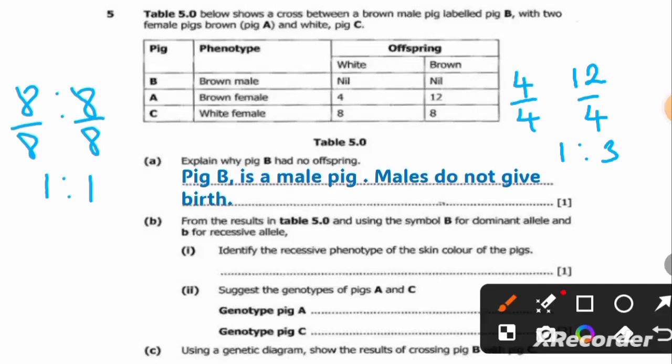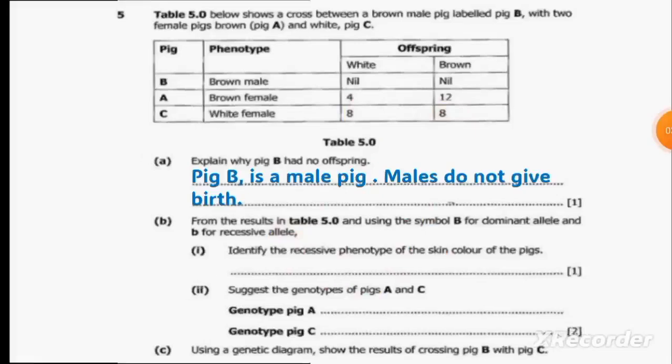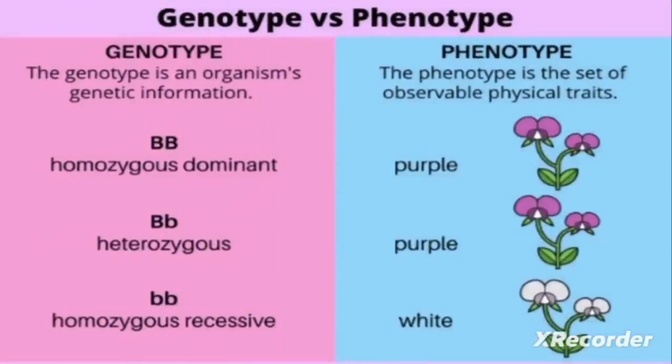Identify the recessive phenotype. The recessive phenotype is white. Why are we saying white? We can see a small number of white offspring as compared to the number of brown offspring. So therefore our correct answer is white.